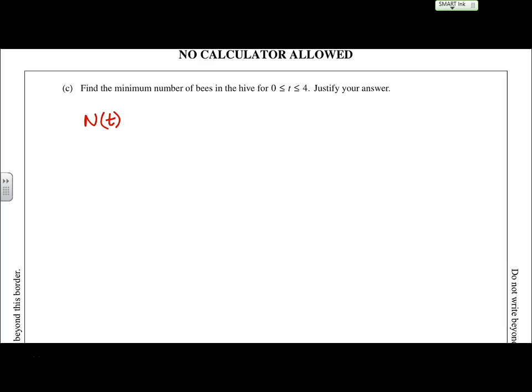The number of bees at a certain time is going to equal the initial number of hundreds of bees plus the integral from 0 to 4 of E(t) minus L(t). Oh, that's right, you guys had x, so you can say x.